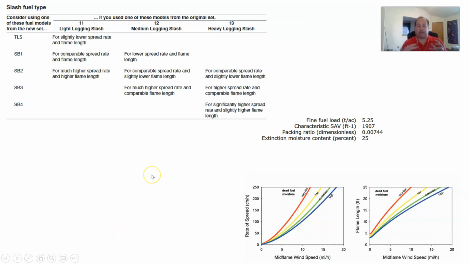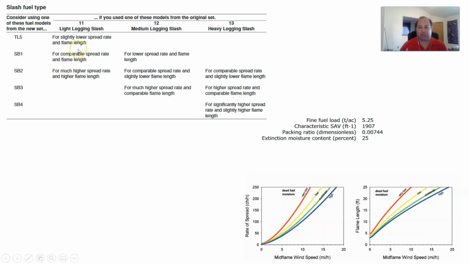If you're not comfortable with what we mean by the word slash, that's the idea of all the stuff that just ends up on the ground. If you're in a forest and there's a lot of blowdown, or there was a logging project, or you're in an older forest with a lot of dead and down woody fuel, you go walking through the forest and you've got to step over logs and you're always hearing branches cracking underneath your feet.